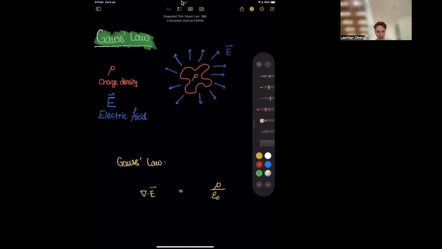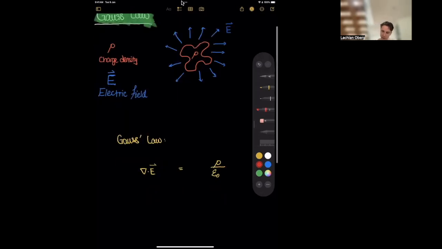Gauss's law actually has two forms, and you're probably most familiar with its differential form, which you can read here. What it does is it relates the divergence of the electric field E with the charge density divided by a constant of proportionality, which is known as epsilon naught. So this differential form of Gauss's law is extremely powerful if you already know the electric field, and you want to know the charge distribution.